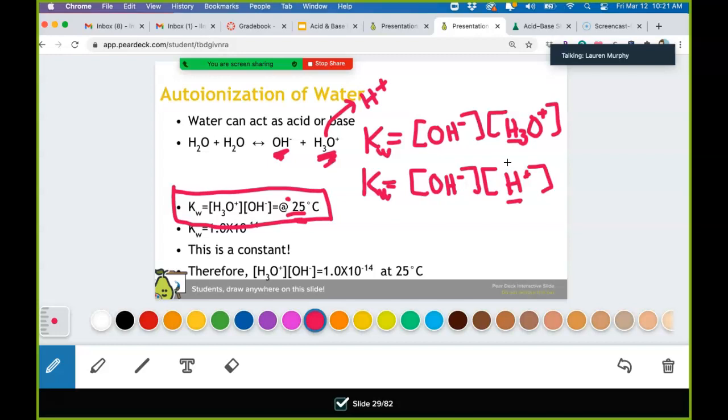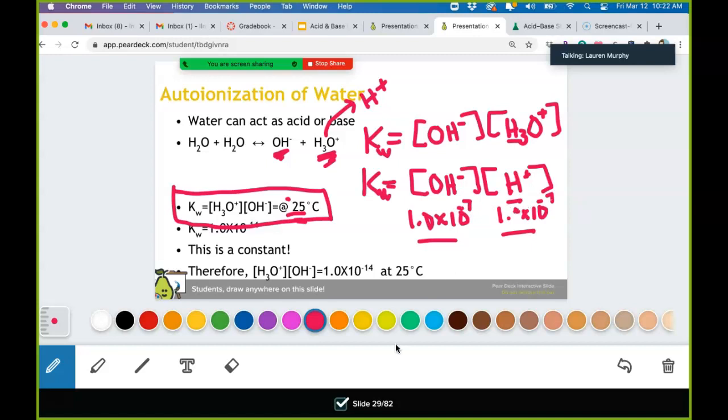You don't have more acid or base. You have the same. So what are each of their concentrations in pure water? Well, 1 times 10 to the negative 7th molar. 1 times 10 to the negative 7th molar. Because 1 times 10 to the negative 7th times 1 times 10 to the negative 7th is 1 times 10 to the negative 14th. And they're equal when it's water, because water is neutral.